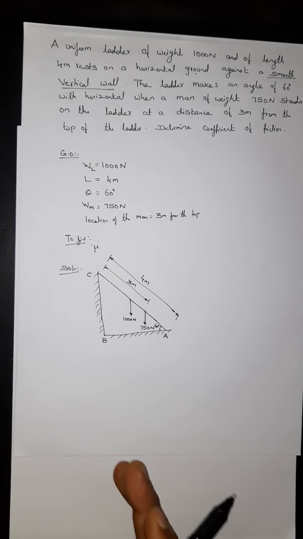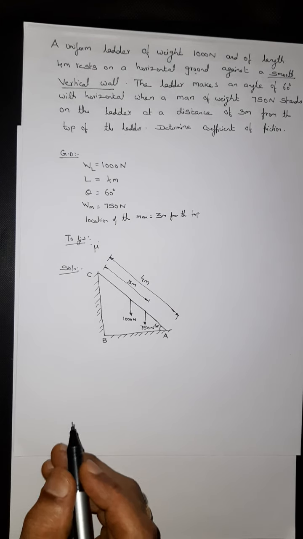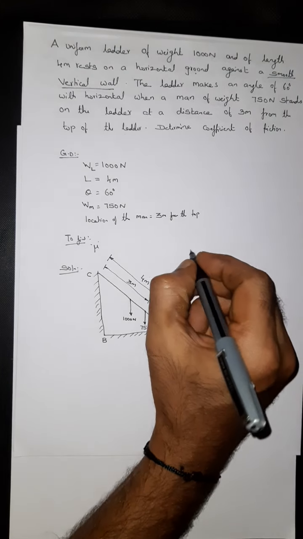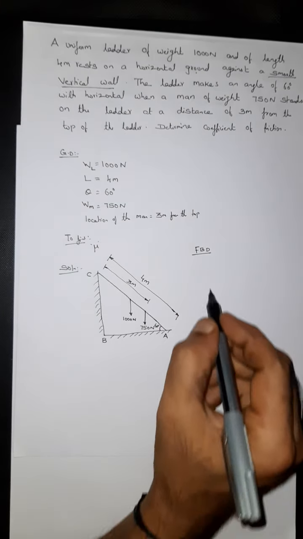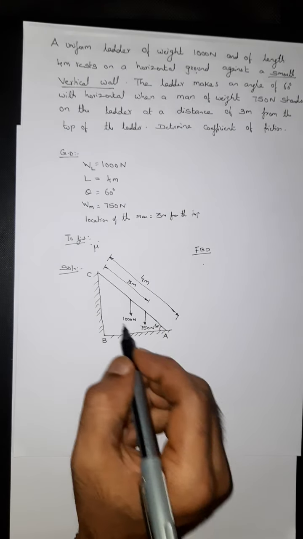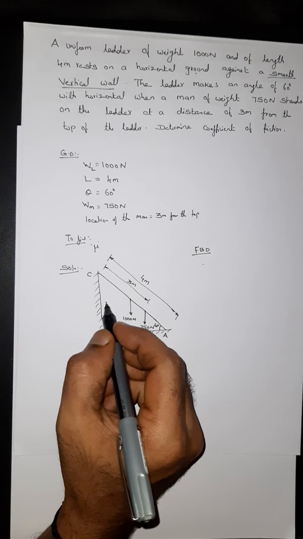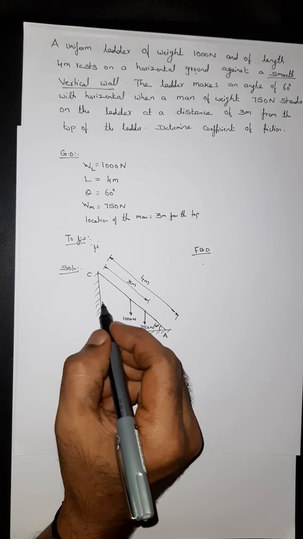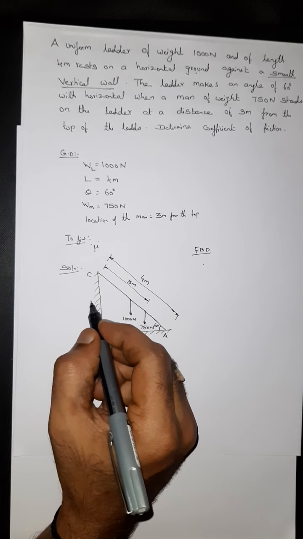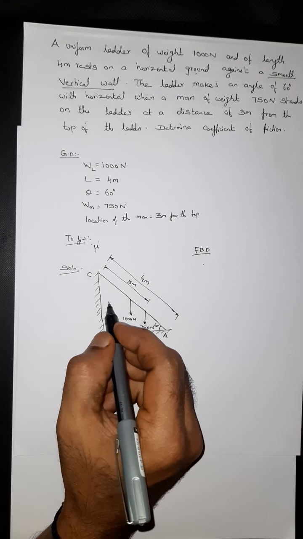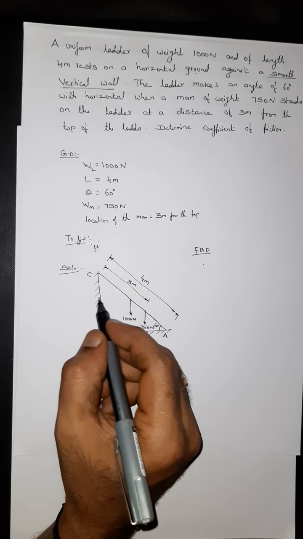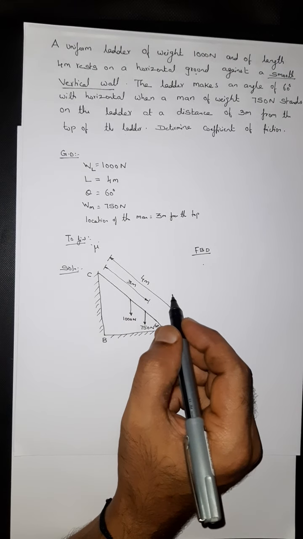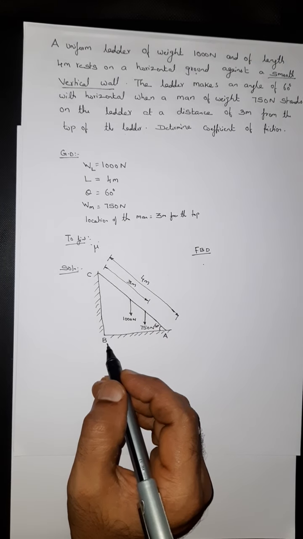Now I am going to draw the free body diagram of this. So you may ask, why I have drawn the wall in the left hand side. It's not necessary that you draw the wall on the left hand side. You can draw the wall on the right hand side also. Nothing wrong.